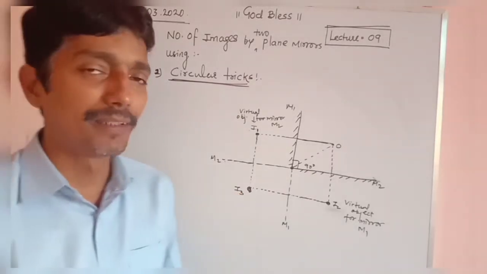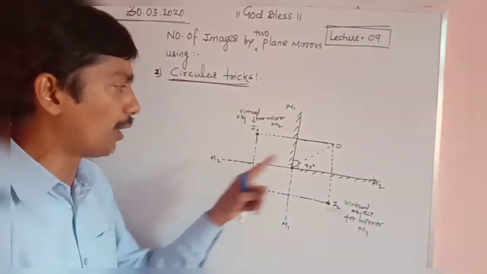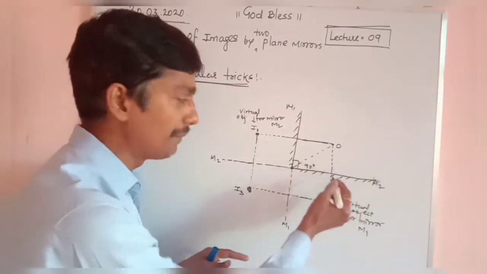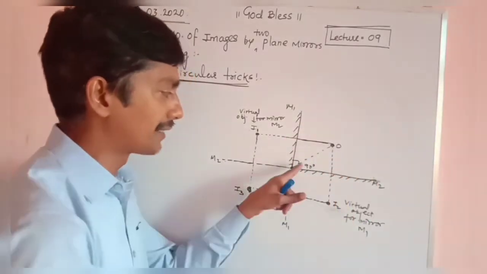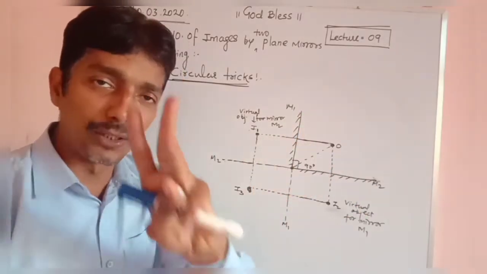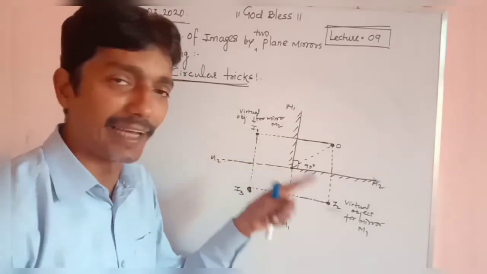Now my dear, let us use some geometry here. So this is the object. The two mirrors are kept inclined at 90 degrees, and the object is placed at the perpendicular bisector of mirrors M1 and M2. In my previous video I showed this numerical and the ray diagram also.